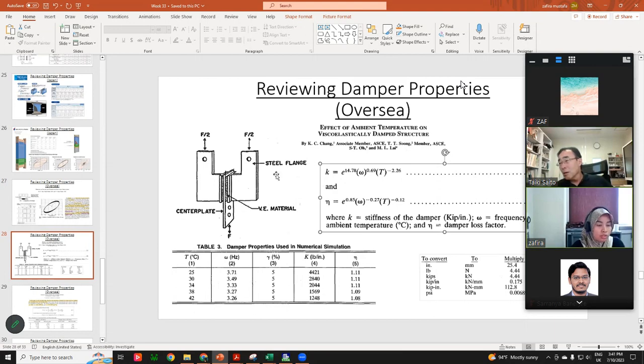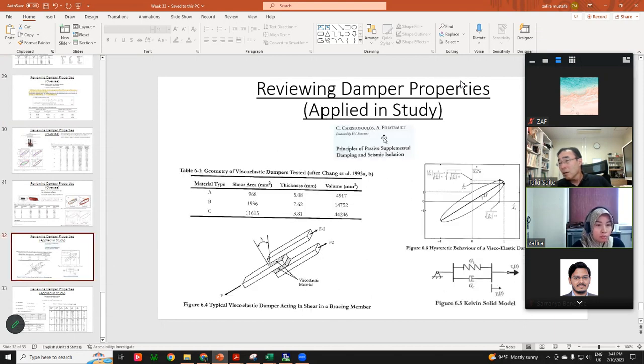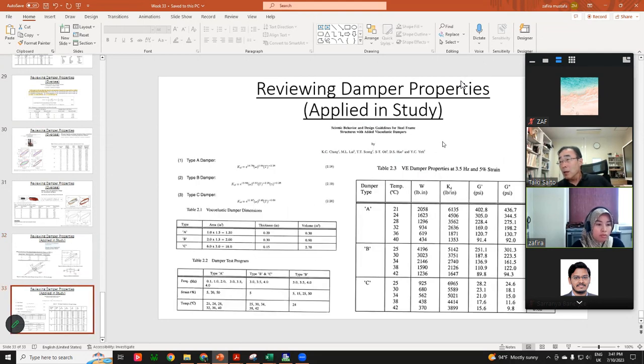It is the same researcher I use for my viscoelastic application. This is from the Christopoulos book, and he also took it from Chang in 1993. This is his paper, and it's a steel frame.